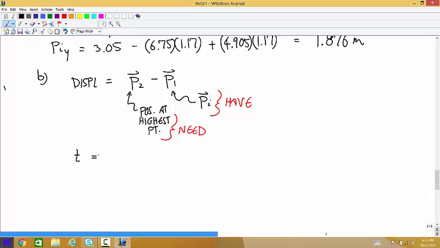So we're going to have to choose a new time equals 0 instant, time final instant, origin, coordinate system. Well, some of this we can keep the same. Really, the only thing we're going to have to change is the instant for time final. Time equals 0, we can still make that the instant that it's shot. Time final is when it reaches the highest point.